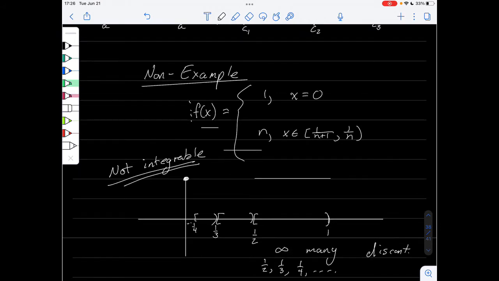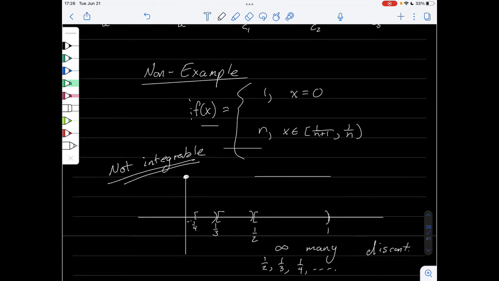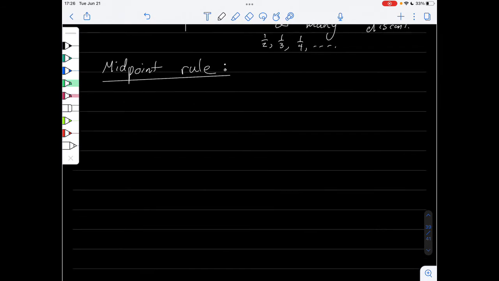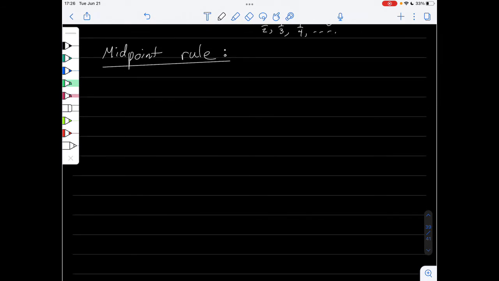So now that we have an idea of what the integral is and when something is integrable and the formula for it, let's do an example. But before we start the example, we're going to talk about the midpoint rule.